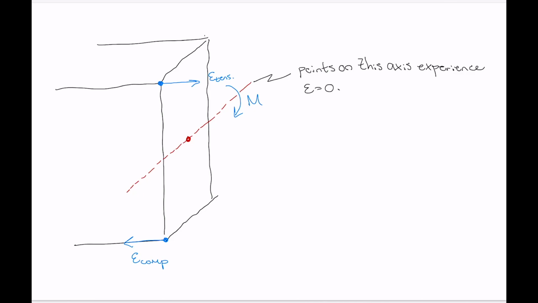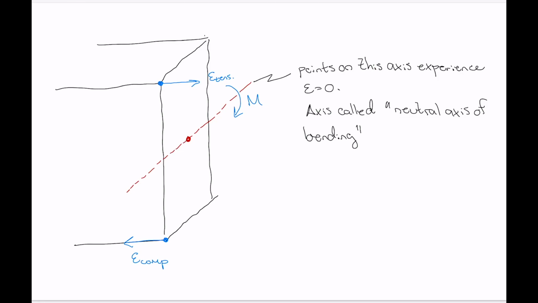And for this reason, that axis is called the neutral axis of bending. So it's called the neutral axis of bending because there's 0 strain along this axis. So all points in the material along that axis experience 0 strain.